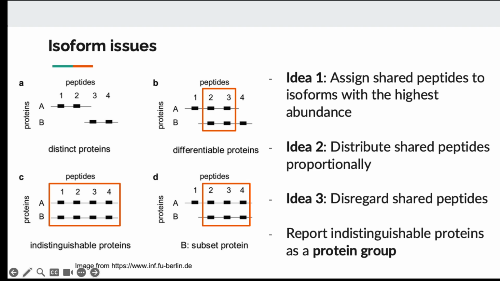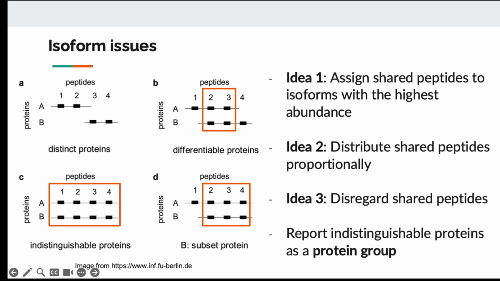So we assume that if we have peptides that are unique to each isoform, those give you the proportion of the abundance between the isoforms. Can we distribute the shared peptide according to that proportion? The problem is sometimes you don't know the proportion because many proteins will have so many shared exons that it's difficult for you to detect the unique peptide. So idea 2 doesn't work all the time.